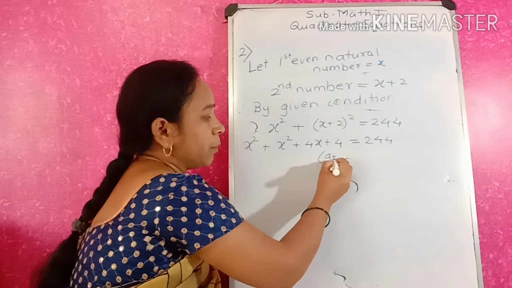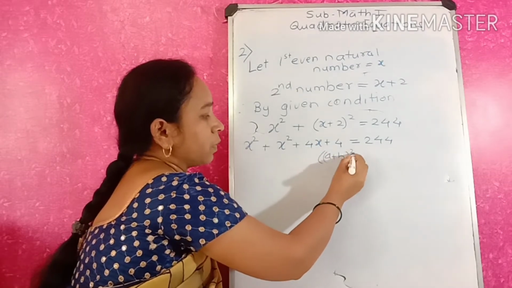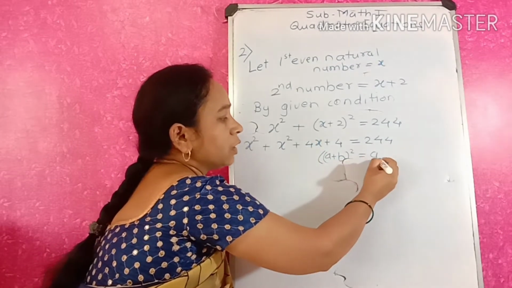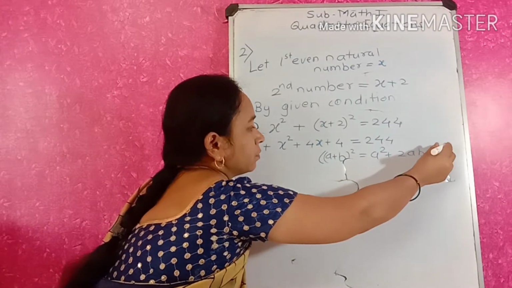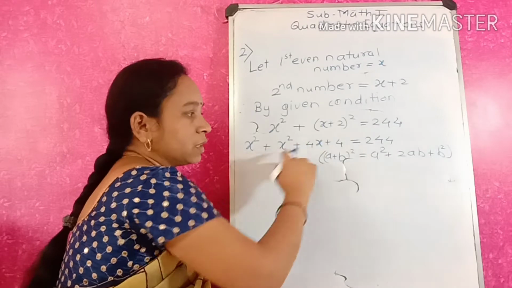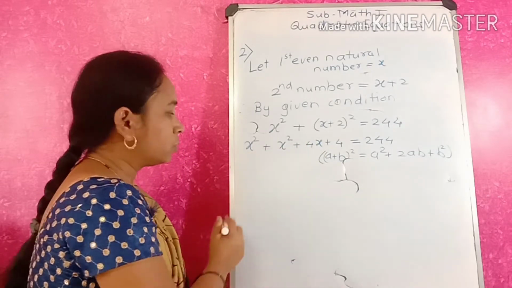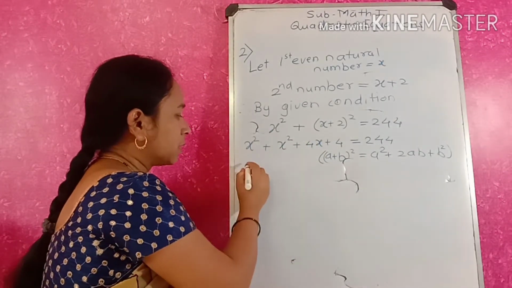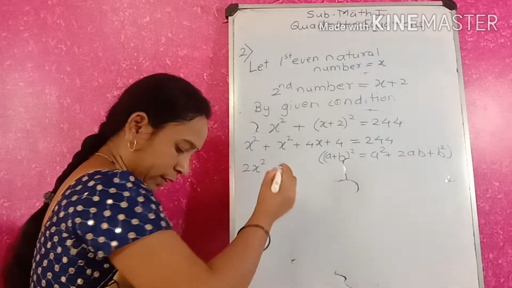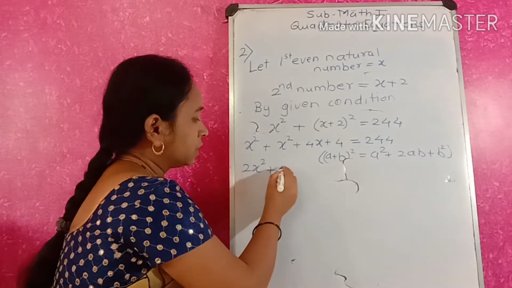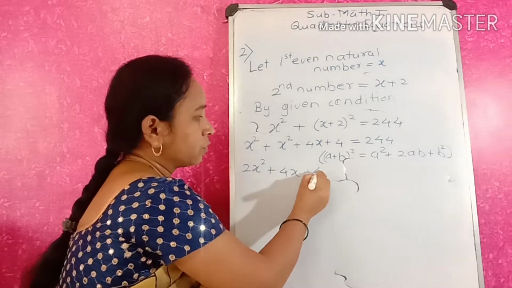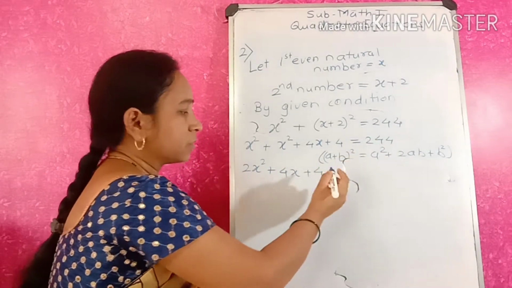I have used a plus b bracket square is equal to a square plus 2ab plus b square. Now transfer these terms on this side and convert it into standard form. So x square plus x square, you will get 2x square, here plus 4x plus 4, 244, transfer it on this side.